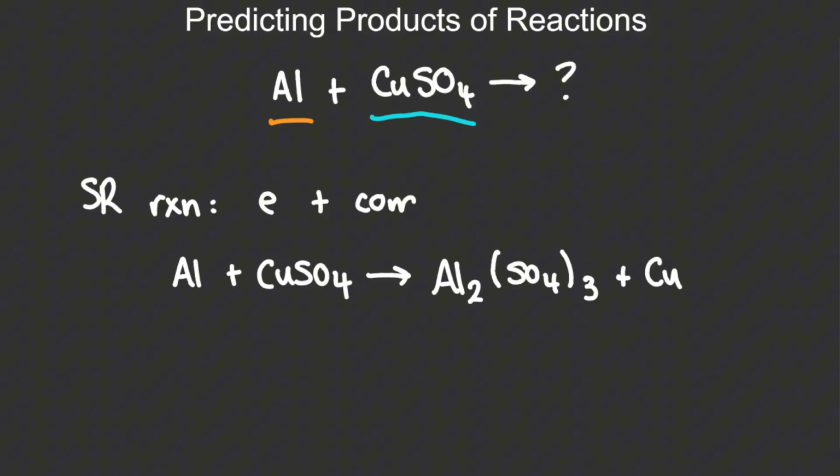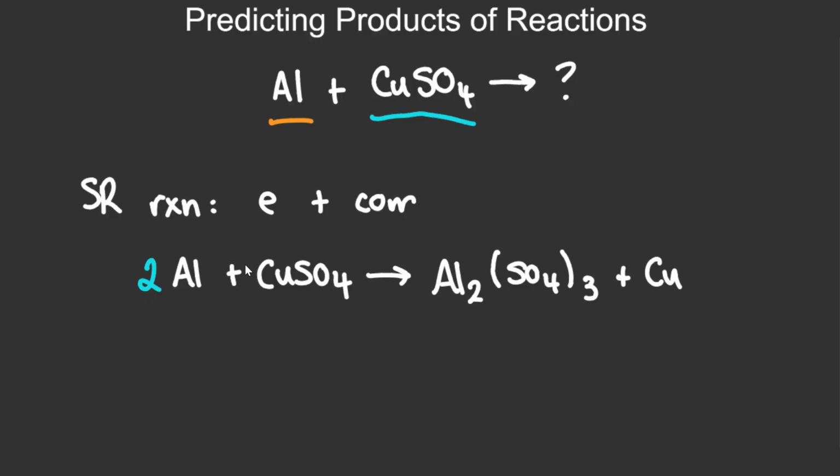Now, the last thing we need to do is balance it, okay? Looking at this equation, I noticed that we need 2 aluminums to balance out the product and reactant sides. Next, we also need to look at the sulfate groups. It looks like we only have 1 sulfate group with the copper sulfate, and the aluminum sulfate has 3 sulfate groups.